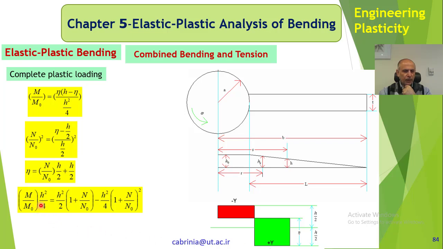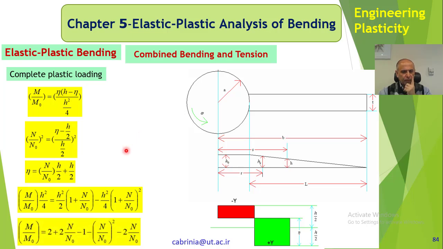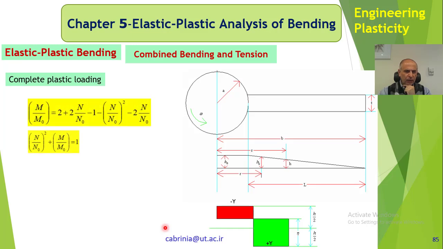And then we obtain this relationship, and if we simplify it, we get this relationship in terms of M over M0 and N over N0. We have a square power in there as well, and then simplifying it, we get N over N0 squared plus M over M0 is equal to 1. Okay, that is an interesting relationship.